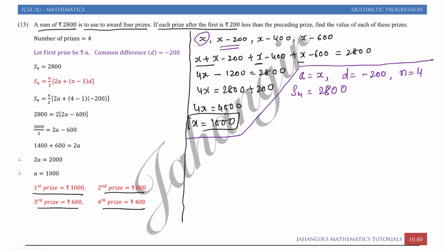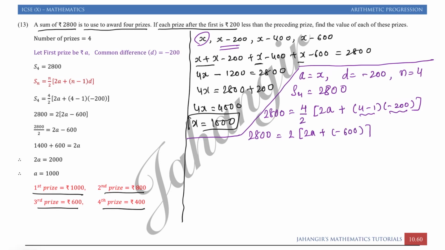So we can use the Sn formula, that is 2800 is equal to n by 2, 2 into a, a is first term, n minus 1, that is 4 minus 1 into minus 200. So 2800, 4 by 2, if you cancel out you will get 2, 2a plus 3 into minus 200, that will give you minus 600.